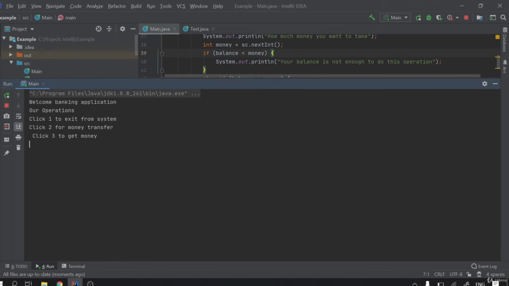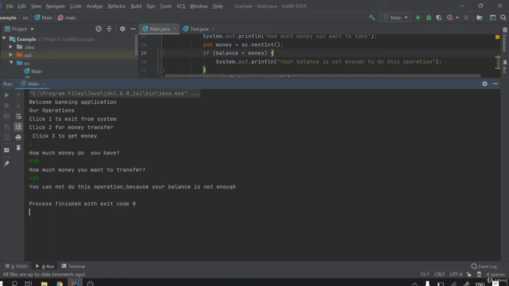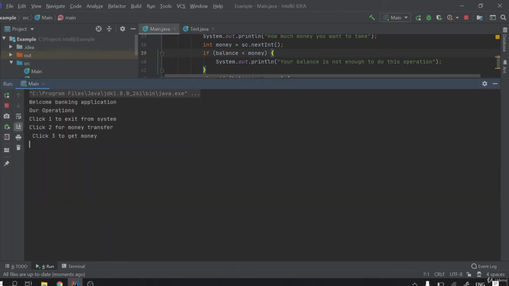Okay, let's do 2 again. How much money do you have? 500, and I want to transfer 600. So guys, perfect. You cannot do this operation because your balance isn't enough. Perfect guys, we wrote this. And let's do this again, 2, and how much money do you have? For example, 600, and you transferred 600, and your current balance is nothing.